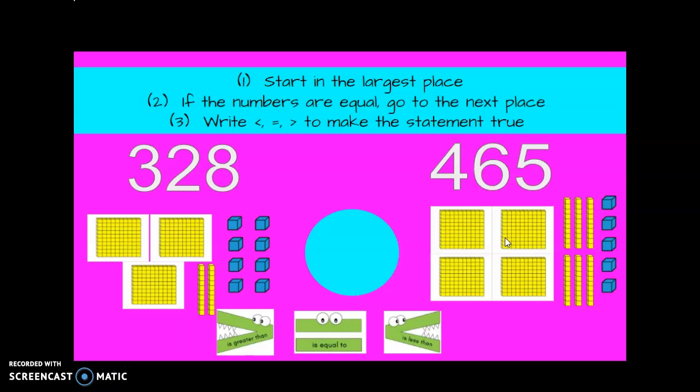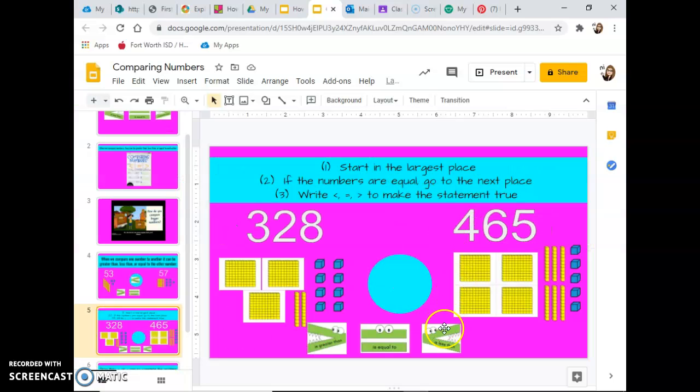Which one is bigger? The 4. So now I know that 465 is bigger. And the fun thing about that is I don't even have to worry about my rods or my units because I'm starting at the largest place. So 465 is bigger, so I want the mouth to face the 465. So I'm going to move the crocodile that faces that way.